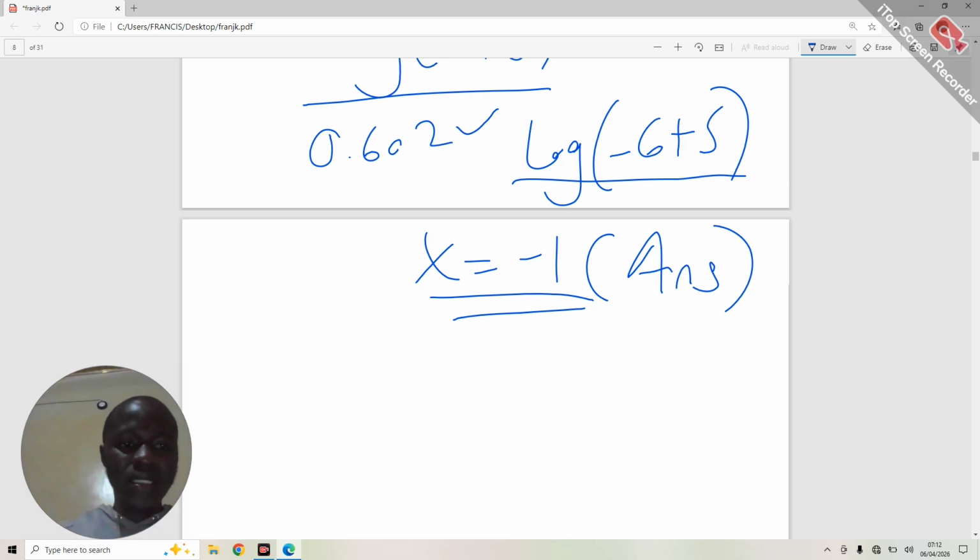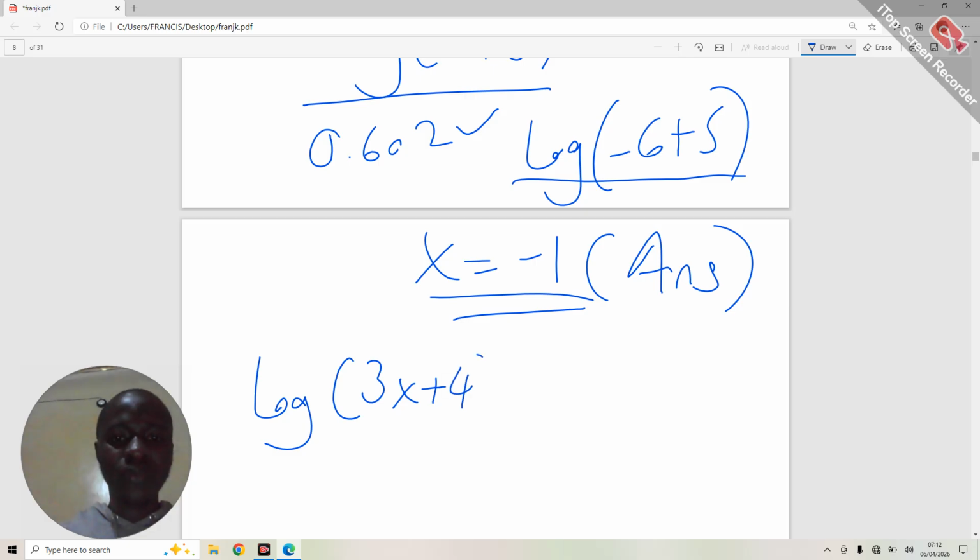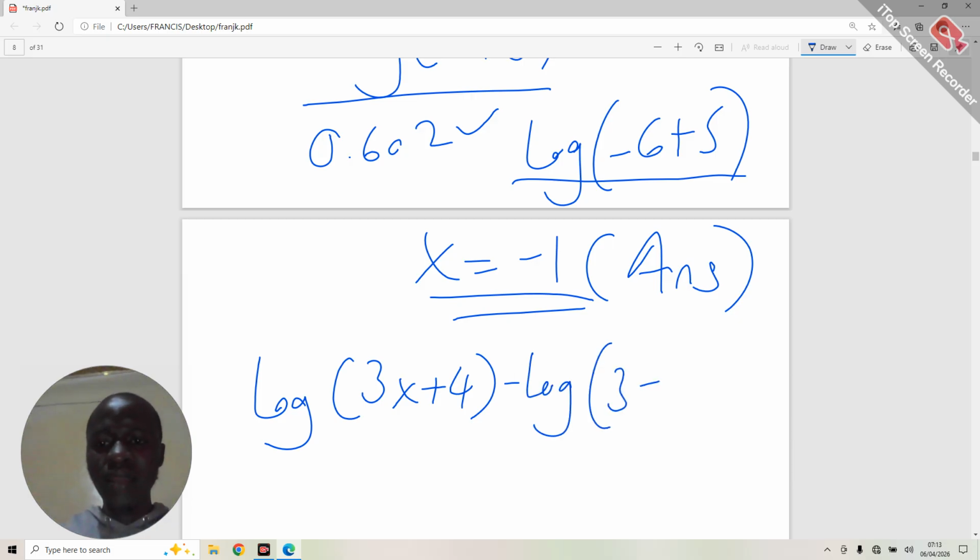Solve for x in log of 3x plus 4 minus log of bracket 3 minus x is equal to 1.